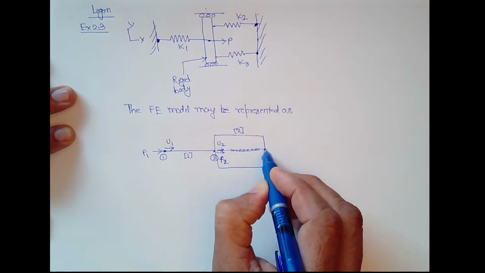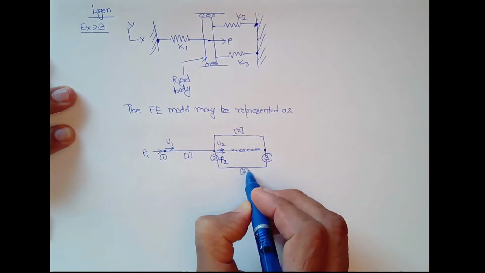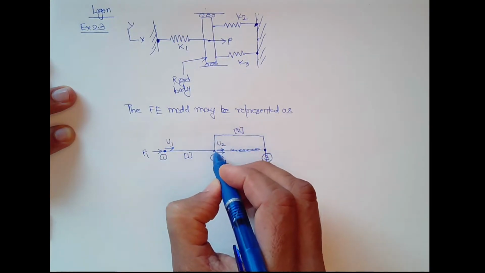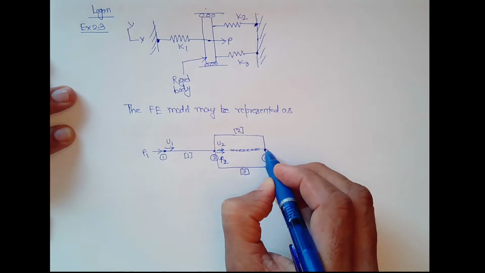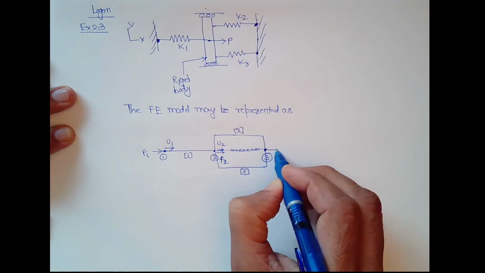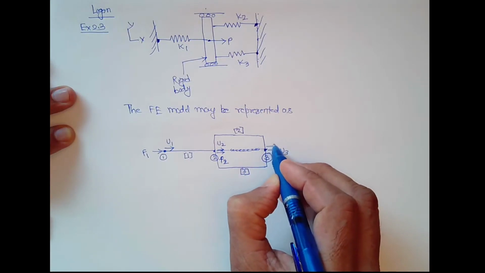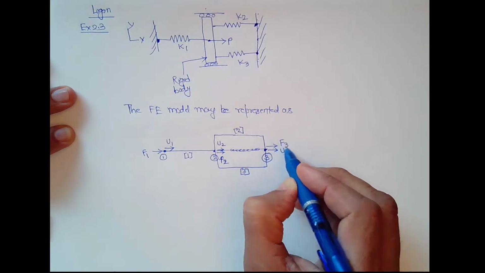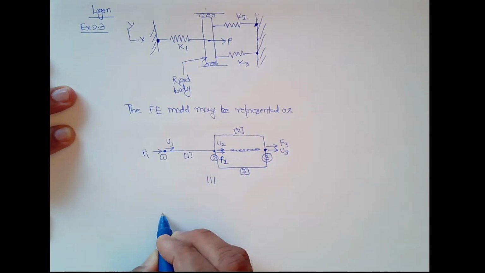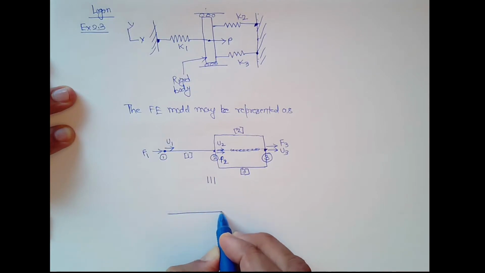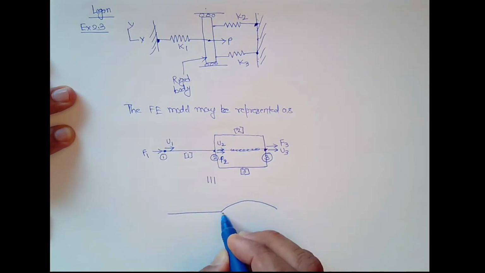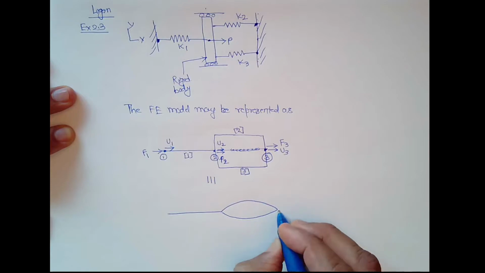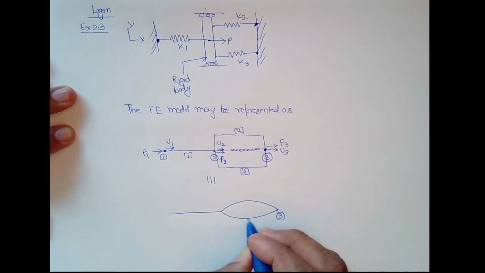Another element is connected this way, this is element 3. Here we have U3 and F3.